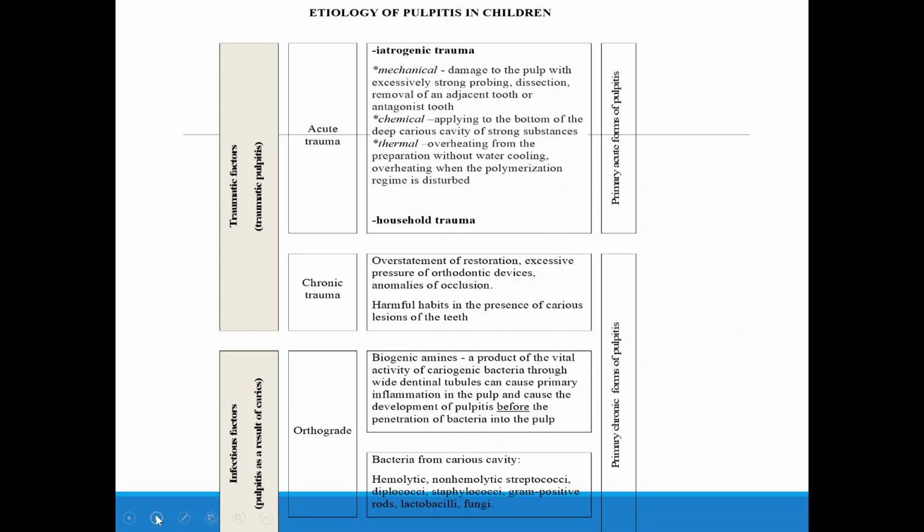All microorganisms that exist in the oral cavity can go through the wide dentinal tubules and lead to the occurrence of the primary chronic form of pulpitis. And biogenic means that products of the vital activity of carcinogenic bacteria, through wide dentinal tubules, can cause primary inflammation of the pulp and the development of pulpitis before the penetration of bacteria into the pulp.